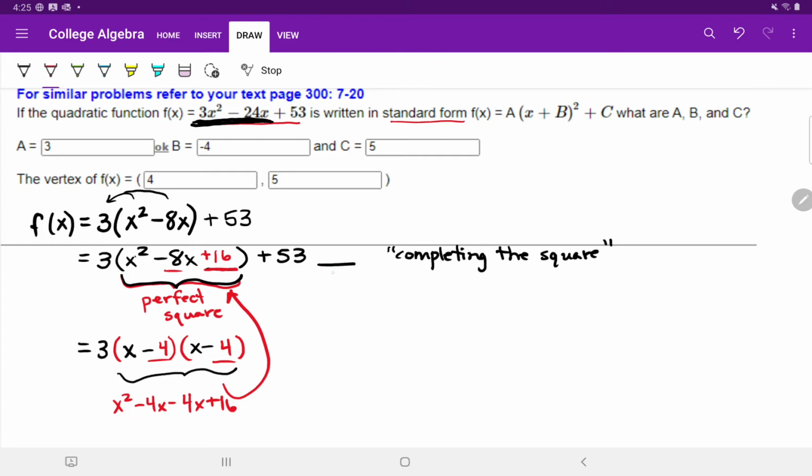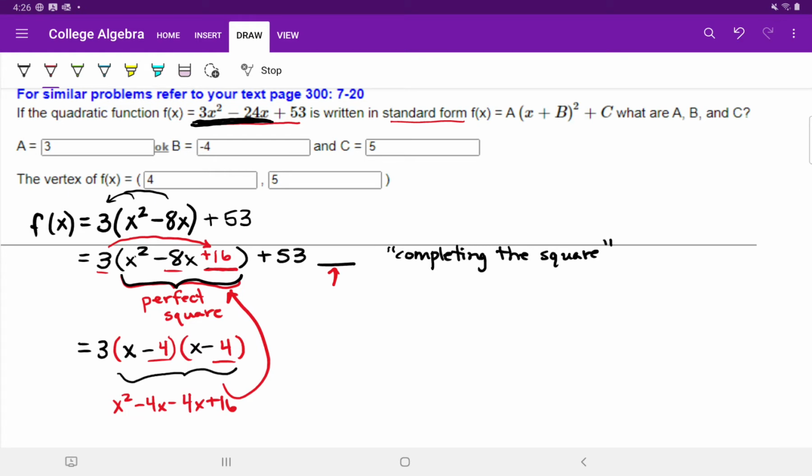Now you might be wondering about the second blank here on the outside. When I filled my first blank with a positive 16, it's not actually just a positive 16. I also have this 3 out front that gets multiplied to the positive 16. So by adding in this 16, what I've really done is added in 48.